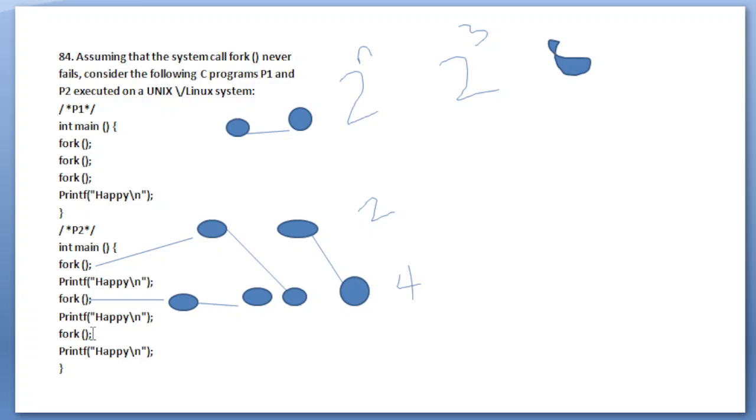Next fork code. Again, here is one fork. Is it? One fork. In this fork code, again, totally mainly 2. Apart from that, these two will generate.